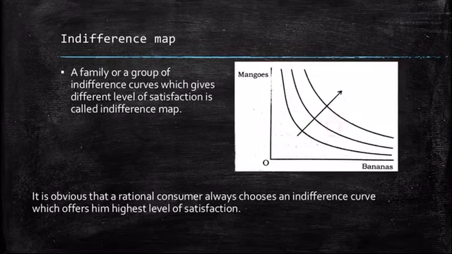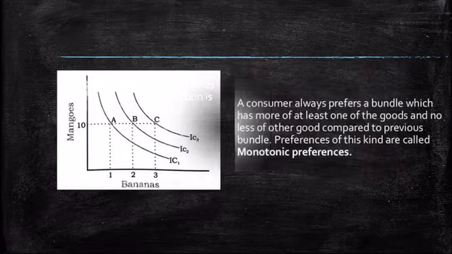So each and every indifference curve provides a different level of satisfaction, whereas all the combinations which lie on the same indifference curve give the same level of satisfaction. It is true that a rational consumer chooses the higher indifference curve which offers him more satisfaction. So, the monotonic preferences always lie between two indifference curves.